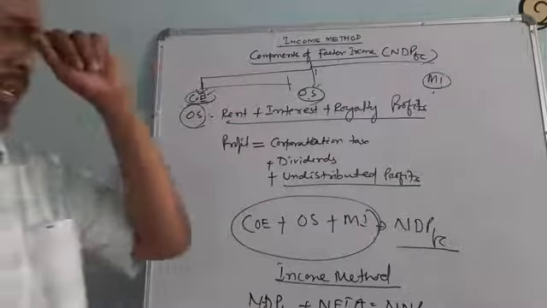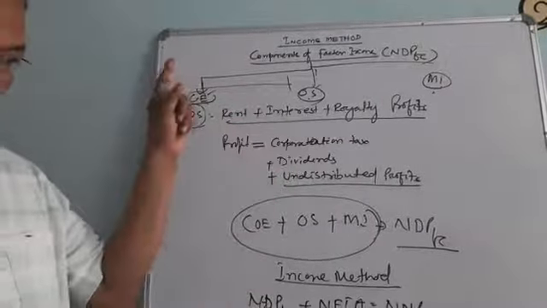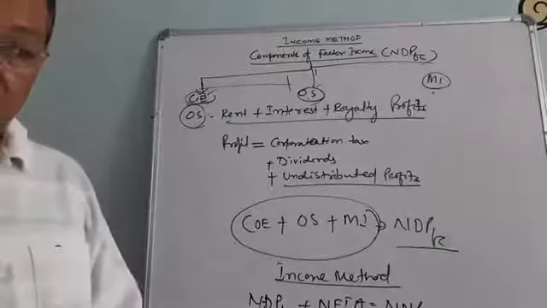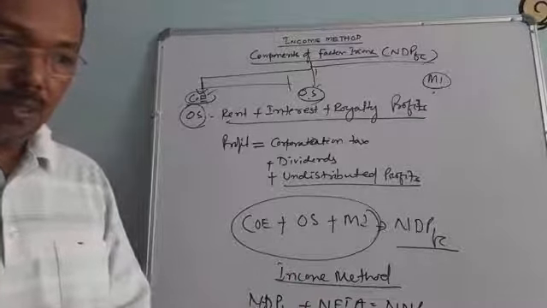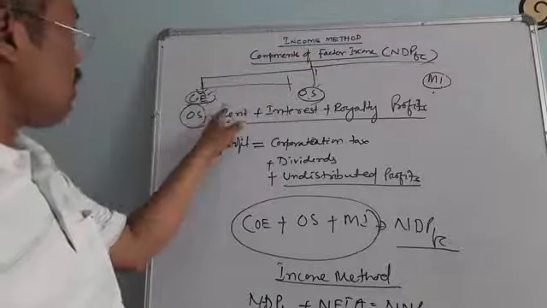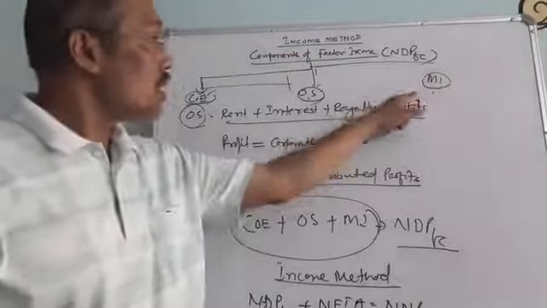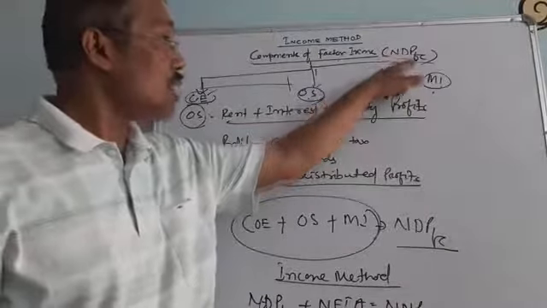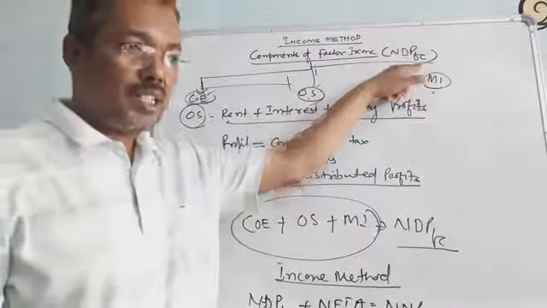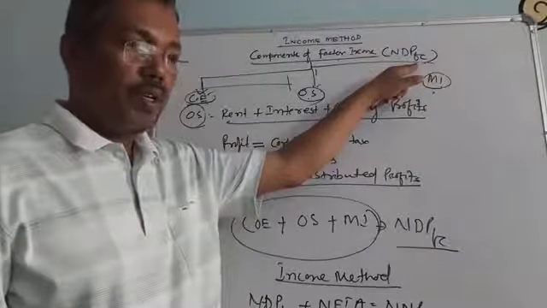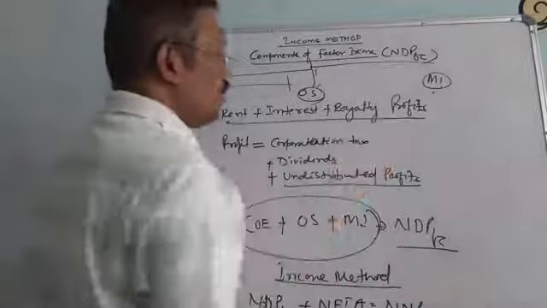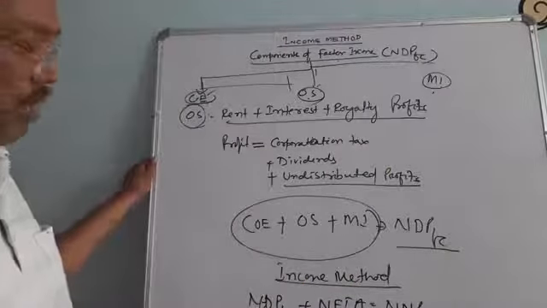Remember, value added, value of output minus intermediate consumption, equals gross value added at market price or GDP at market price. Remember it. But whenever we are calculating the income method formula, compensation of employees, operating surplus and mixed income, this is called net domestic product at factor cost. And whenever the question asks to find the national income, at that time we will have to add the net factor income from abroad.